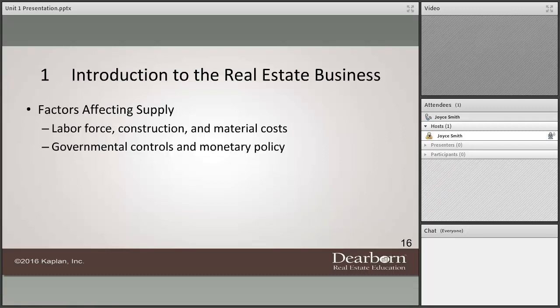Listen a little harder to what's going on with the Federal Reserve. We have a new person coming in soon. How will that change the practice of the Federal Reserve? The Federal Reserve is charged with a lot of things to do with our monetary supply and trying to keep the money level so we don't have high inflation and runaway growth. So those are the monetary supply and the controls that the government has over it.